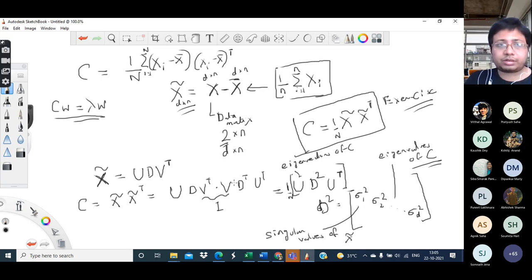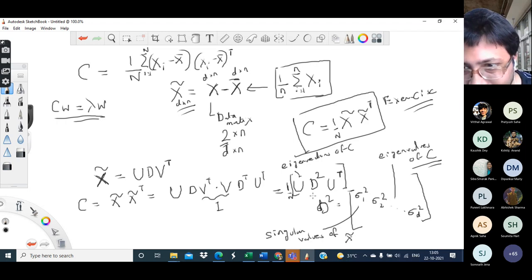The factor of 1 by n should also come out. Let's say that I absorb this factor of 1 by n into this matrix.